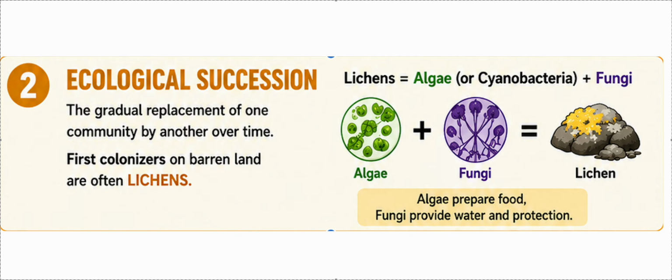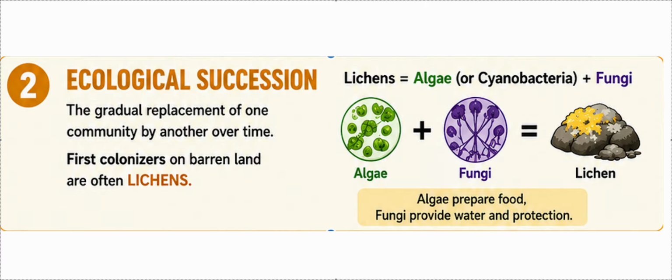Because lichens can grow on bare rocks. And remember, lichens equal algae plus fungus. Algae here means cyanobacteria. The algae prepares the food and the fungus absorbs water and minerals. Together they slowly break rocks into soil. That is why lichens are called pioneer species.